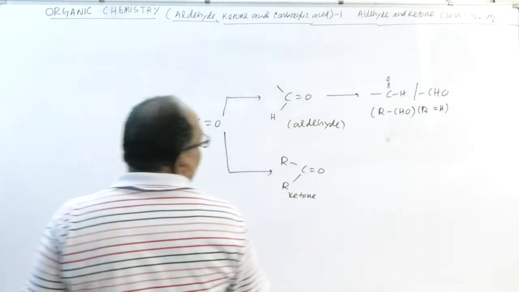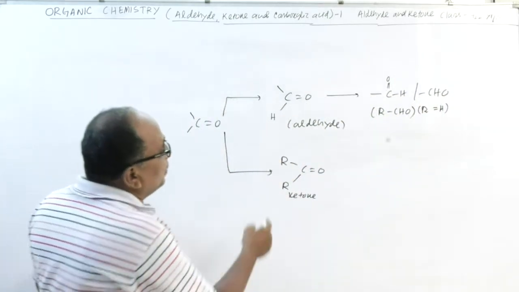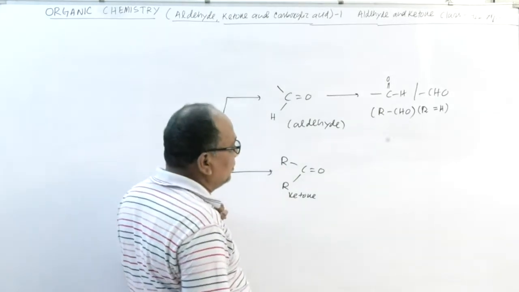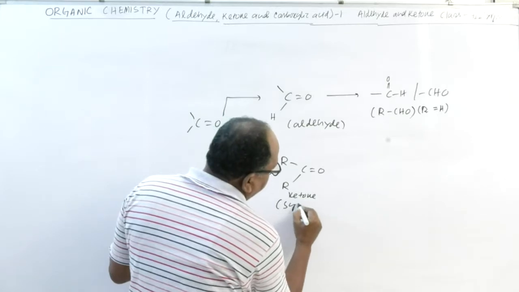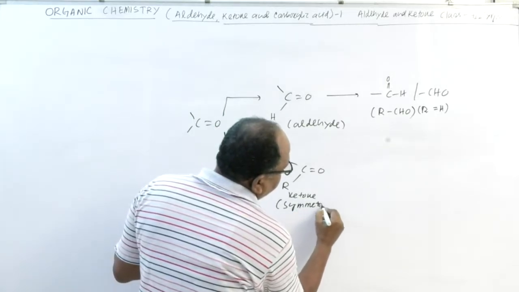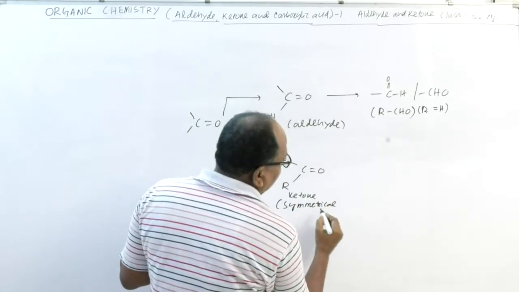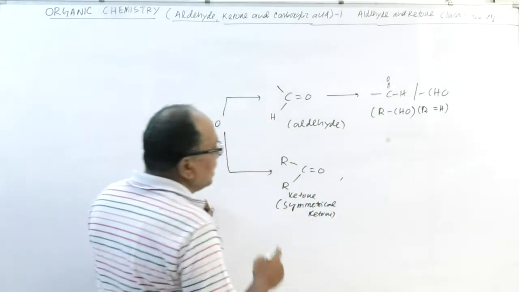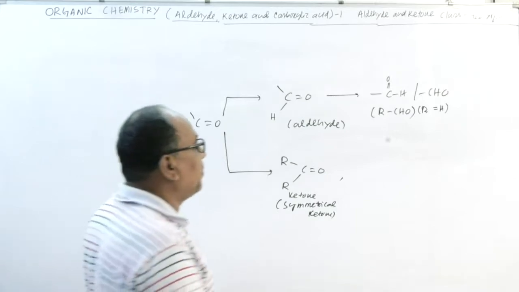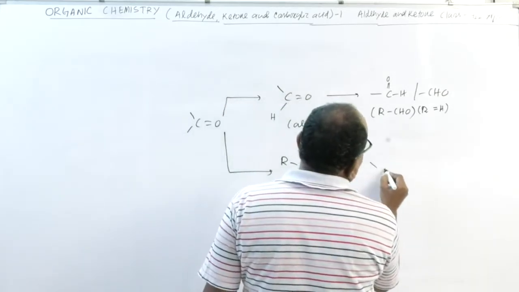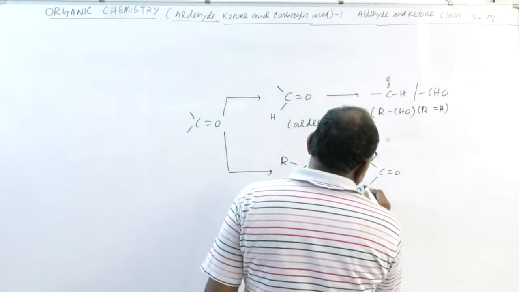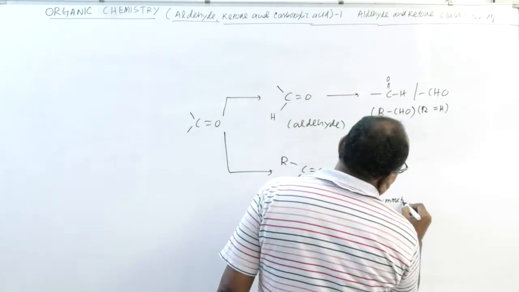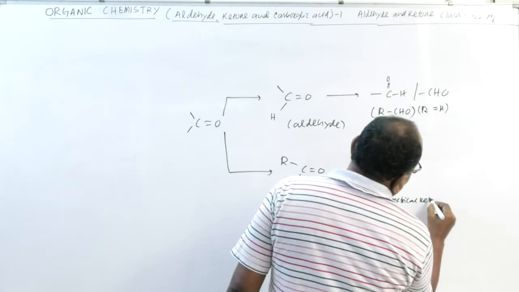A ketone contains 2 alkyl groups. If the 2 alkyl groups are the same, then we say it is a symmetrical ketone. If the 2 alkyl groups are different, R-C double bond O-R', this is called an unsymmetrical ketone.